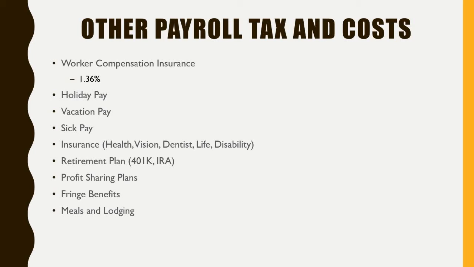Workers' compensation is basically a protection plan for the company because, when you get hurt on the job, the whole purpose of having a workers' compensation portion as part of the taxes for the company is so that they can protect themselves in case the employee turns around and sues the company.